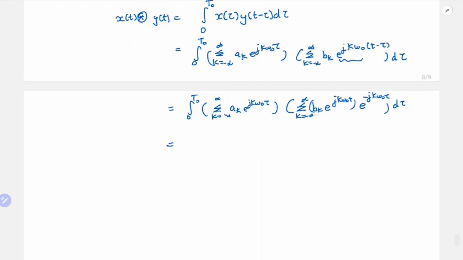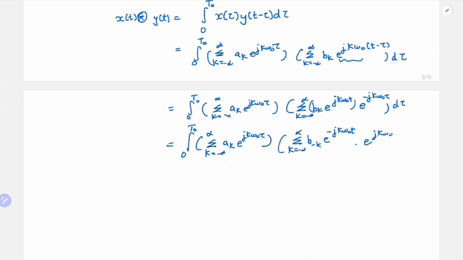So this is minus here. If we just do a change of variable from k to minus k, this will turn out to be e power jk omega naught tau. This remains same. And this will be b minus k e power minus jk omega naught t, right? Into e power jk omega naught tau into d tau.